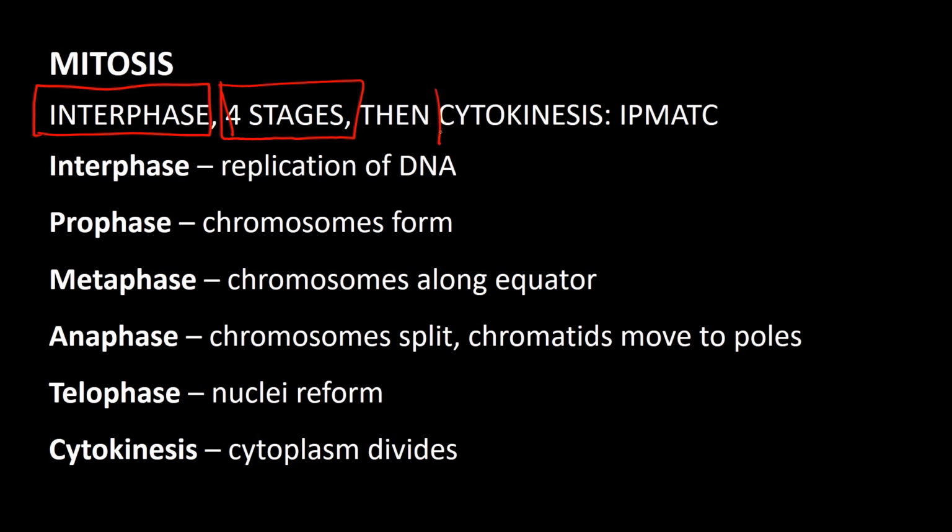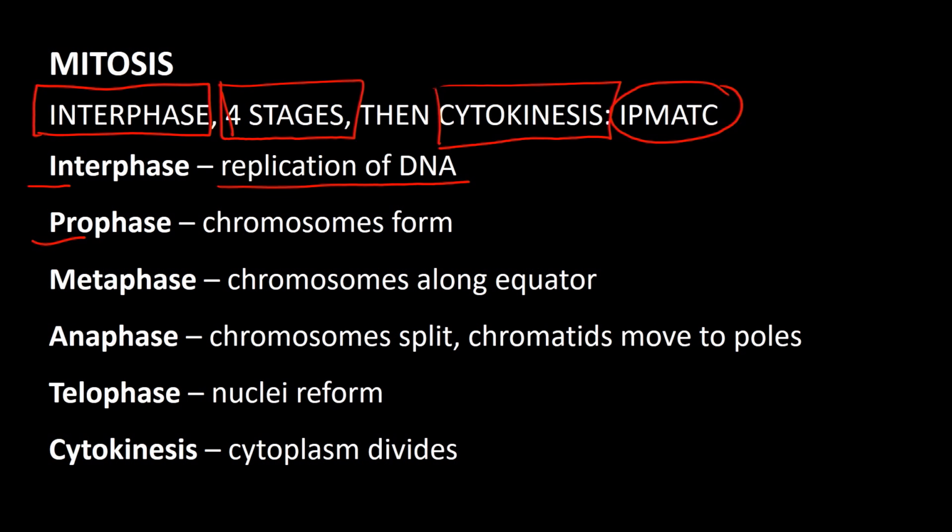Then it's followed by the division of the cytoplasm or cytokinesis. And the way you can remember them is by IPMATCH. The I stands for interphase, and what happens during interphase is the DNA replicates. So the I can be for in between.